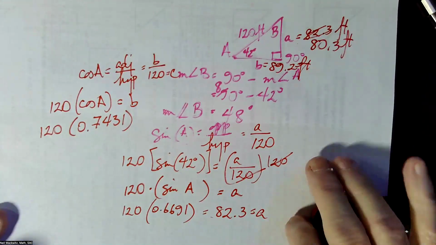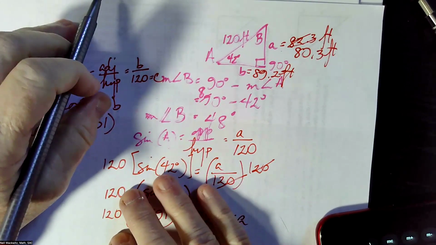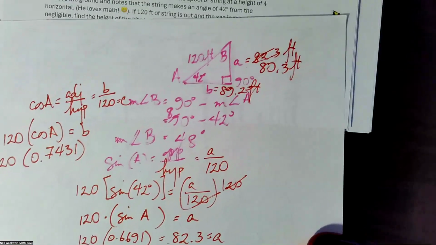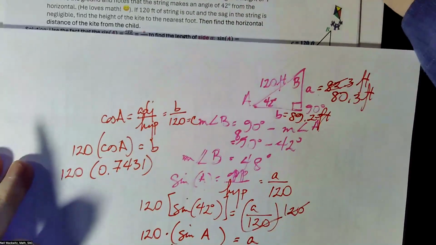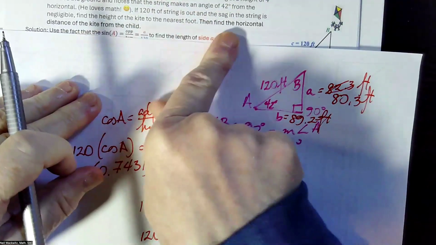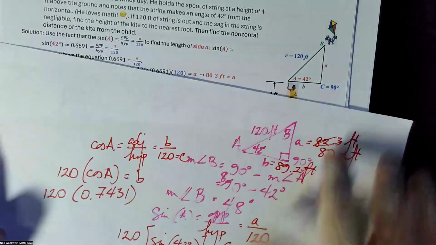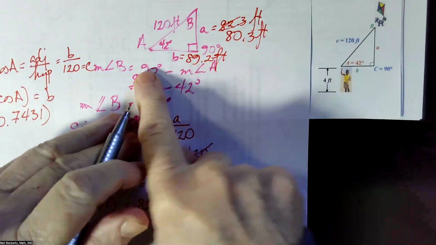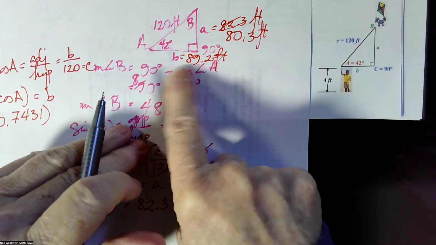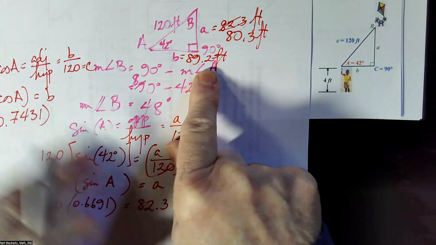This important step is answering the original question. We wanted to find how far the kite was from the child. Well, it was b away, and b was 89.2 feet. So the kite is 89.2 feet from the child.